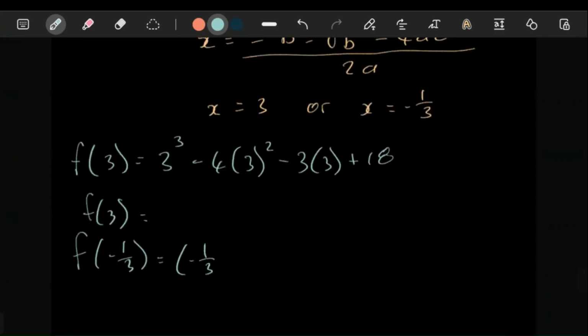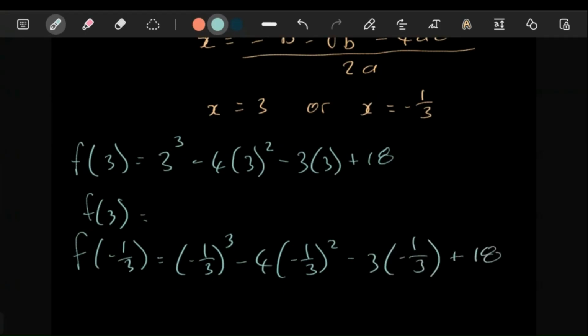Negative a third cubed, negative a third squared, negative a third plus 18. Let's see what the calculator says. It's a 0, which is just a coincidence.